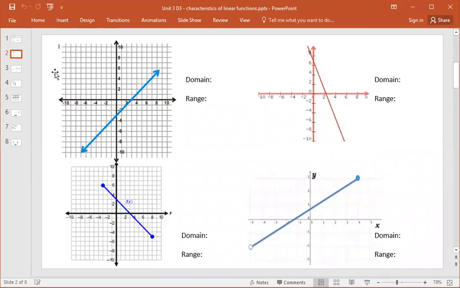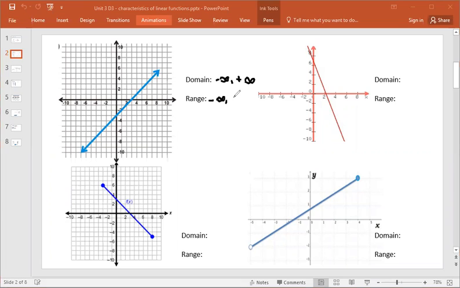So let's try a couple. So in this first one, we see that we have a domain and range, and this line goes on forever. Since it's never going to stop, our domain is negative infinity to positive infinity, and the range is also negative infinity to positive infinity.